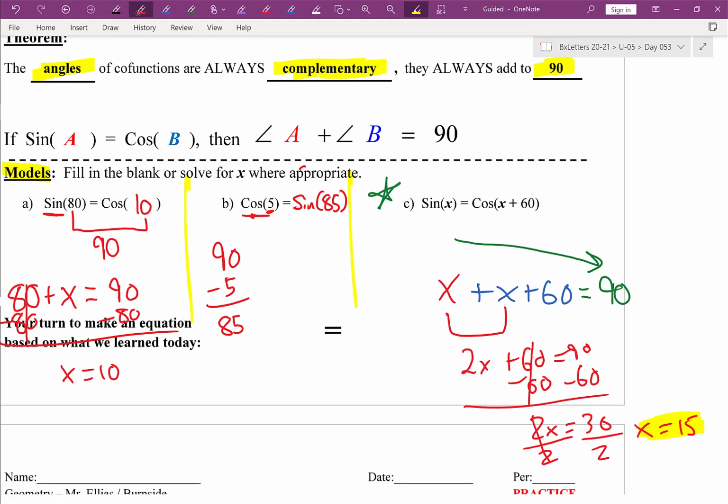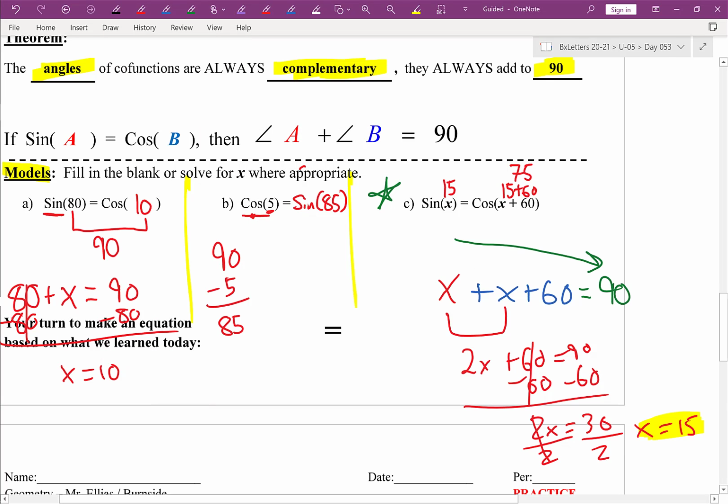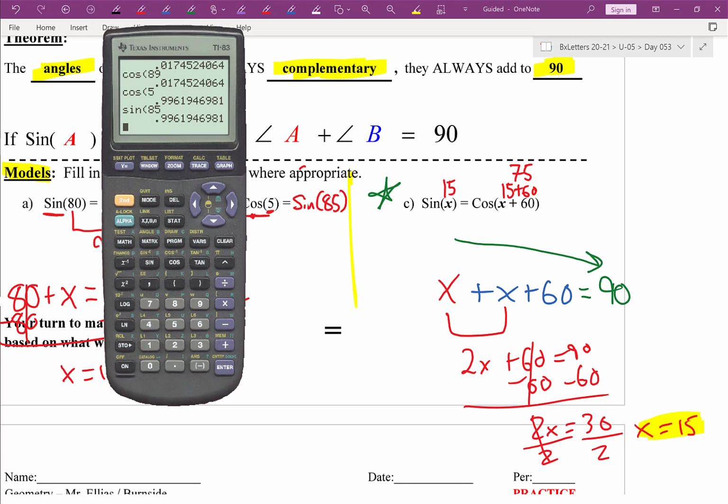Well, for sine it's easy, it's 15. And then this is 15 plus 60, this is 75. But I could have told you that originally because you could just do, what's the complement of 15? 90 take away 15. That's how I knew it was going to be 75.